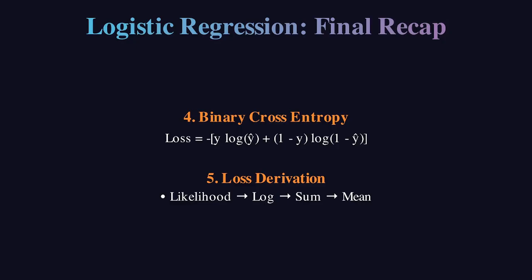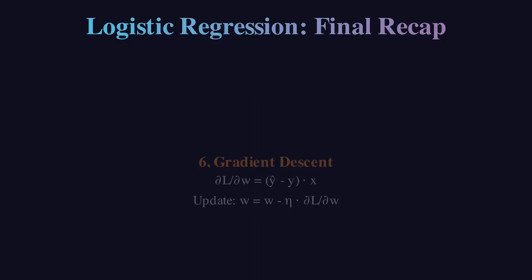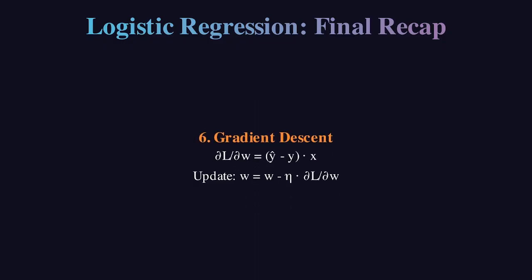Here we used binary cross entropy. In linear regression, mostly the mean square error method is used, but in logistic regression, binary cross entropy is a more common method. Then we saw how we derive this binary cross entropy loss function. And the last thing was how we take the gradient descent of it, how we take the derivative of loss with respect to weights, and then again and again recalculate our weights, and how we reach the correct value.